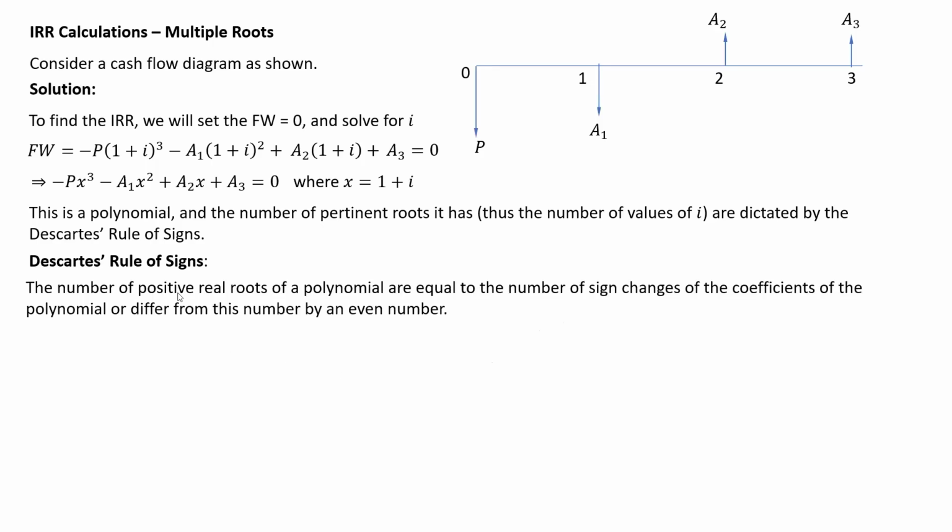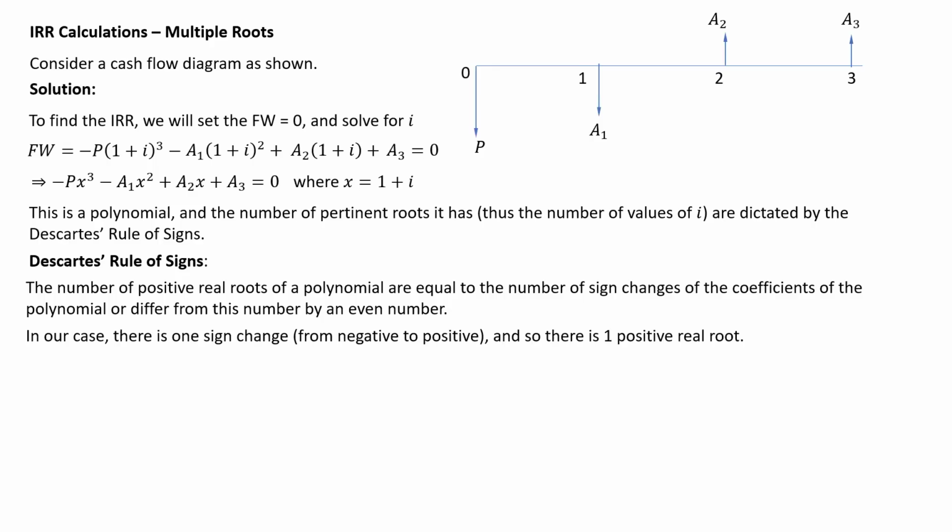The number of positive real roots of a polynomial, which is what we are interested in, is equal to the number of sign changes of the coefficients of the polynomial, or differs from this number by an even number. I think that requires lots of explanation. I'll do that in the next slide.